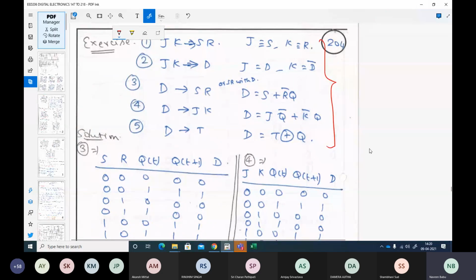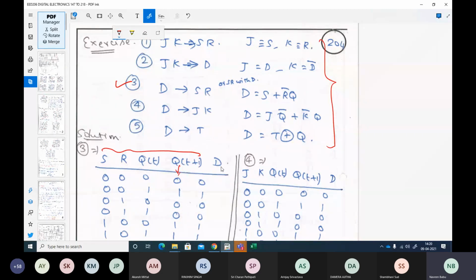So let us look at the solution of this, just the truth table of this. Okay. So we have to write the characteristic equation of S and R. So this will be the characteristic equation of S and R. Here I have done it rightly. 0, 0, 0, 0, 0, 1, 0, 1, 0, 0, 1, 1, and correspondingly whatever the next state is, you can fill this particular column.